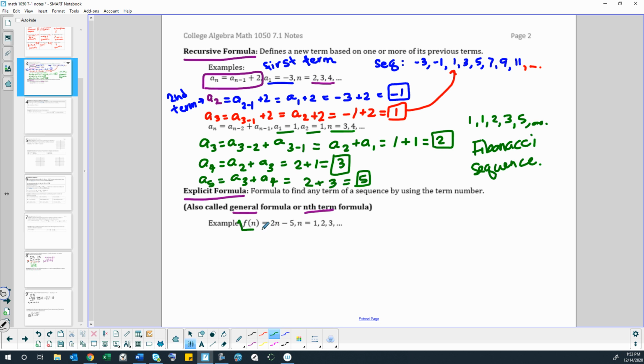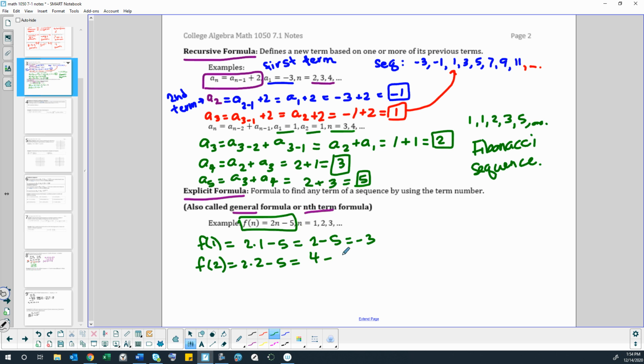So here is an example of an explicit formula. We're going to go ahead and find the sequence that goes with this. So the first term of our sequence is found by multiplying 2 by 1 and subtracting 5. So that will give us 2 minus 5, which is negative 3. And the second term is found by taking 2 times 2 and subtracting 5.